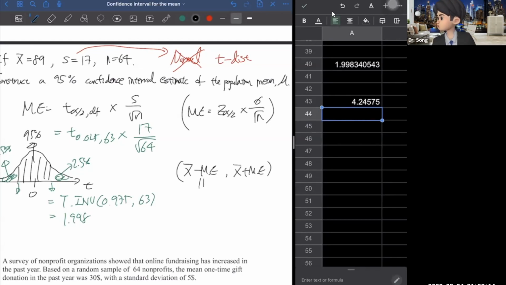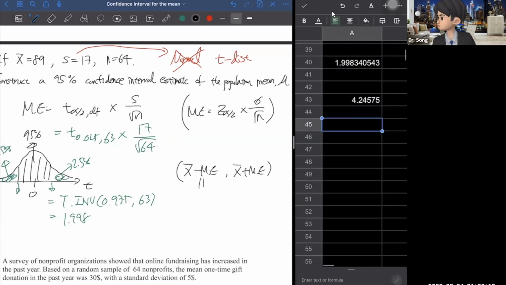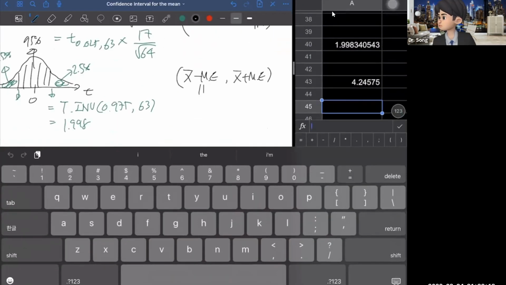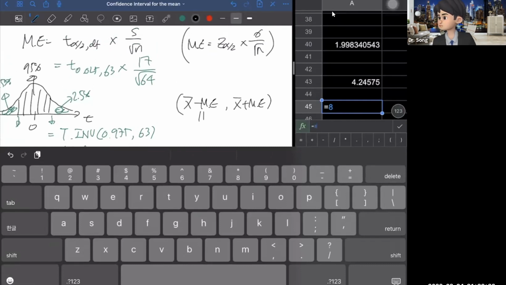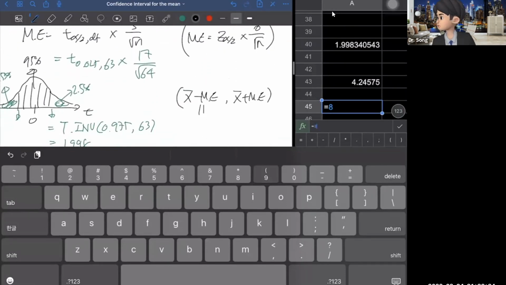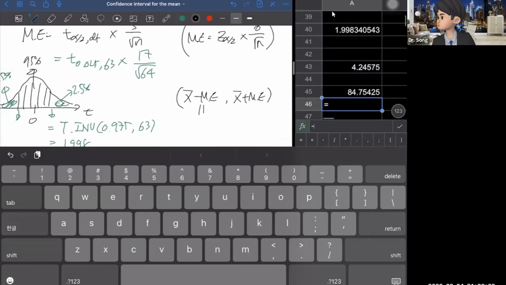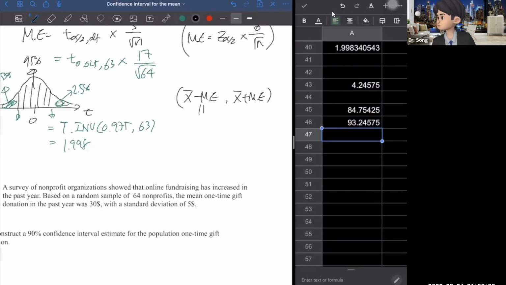So the lower bound is 89 minus the margin of error, and 89 plus this margin of error is the upper bound. Okay, so the lower bound is 84.75 up to 2 decimal places.